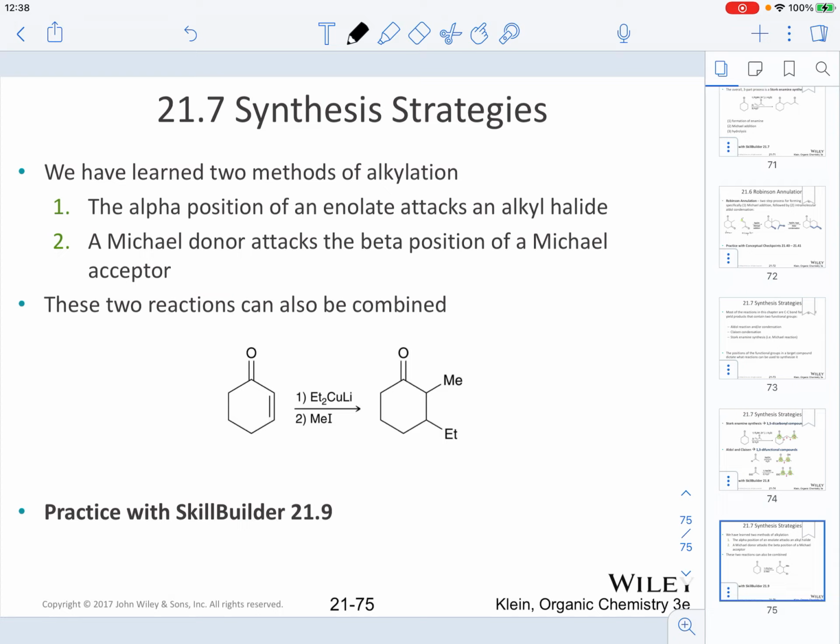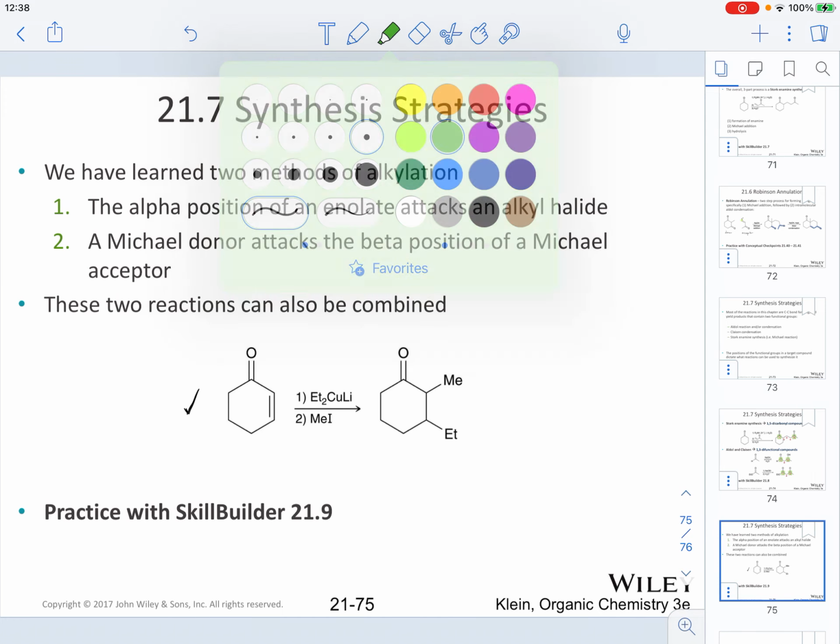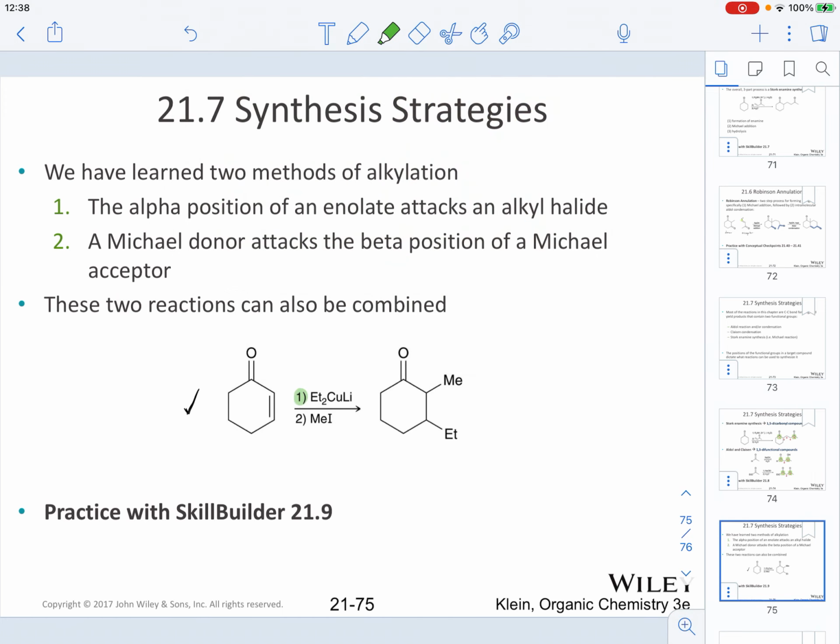What that means is that if we look at this system specifically, and we look at the example of the reaction that I'm marking with a check mark right here, in reaction number 1, as you can see, we have a Gilman reagent. That Gilman reagent is adding at position 4, in other words, the beta carbon, into the system.